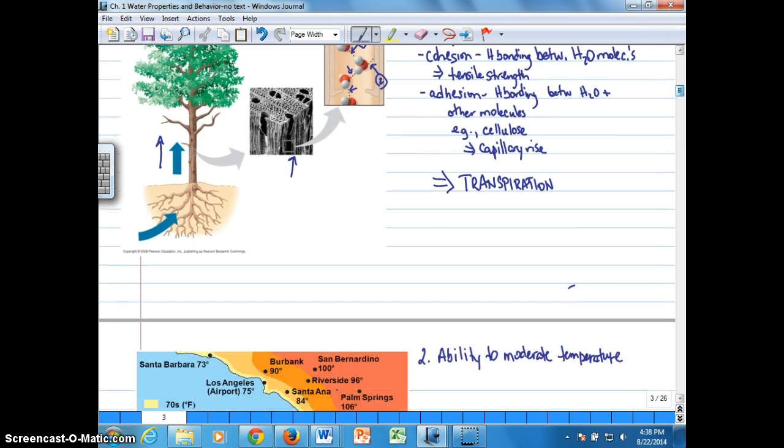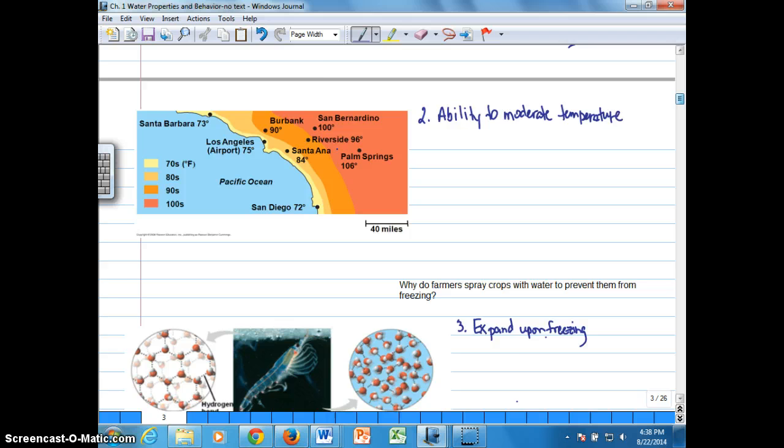Another behavior of water based on its ability to form hydrogen bonds is its ability to moderate temperature. Because of these hydrogen bonds, we say that water has high specific heat.